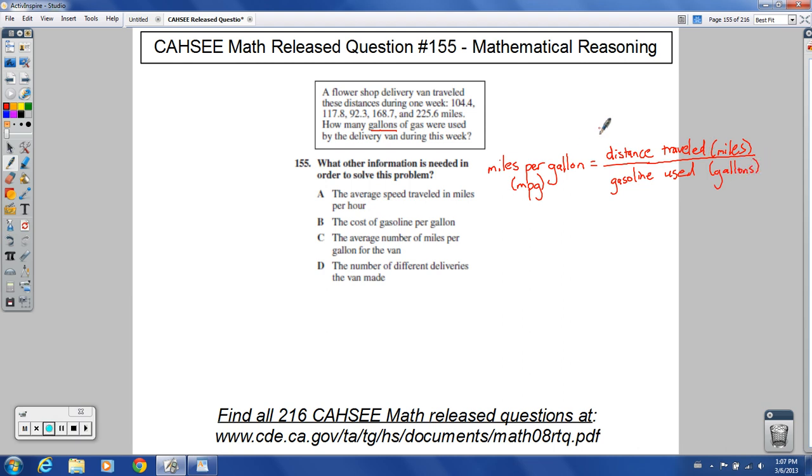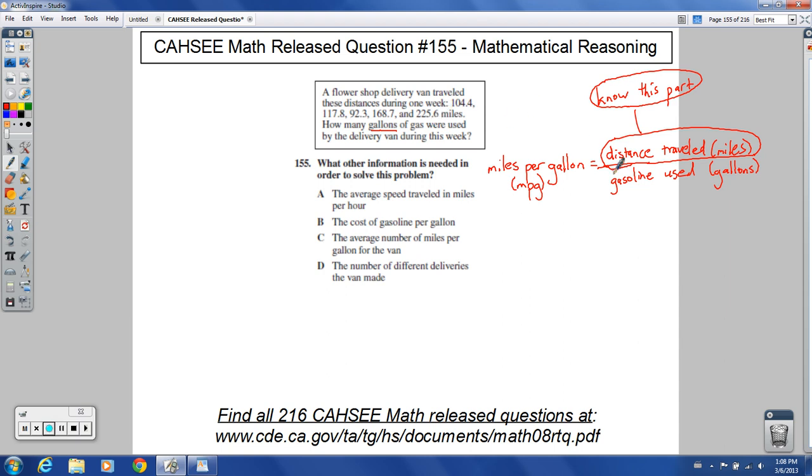What information do we have? Well, it looks like we know the distance traveled right here. So let's make a little note of that. This part is still divided by there. We know this part, and we're trying to figure out how many gallons were used.